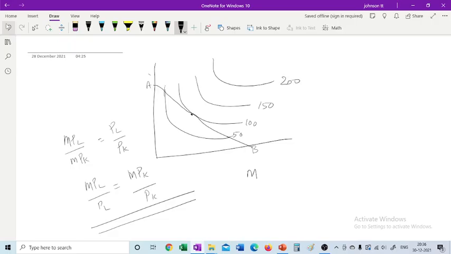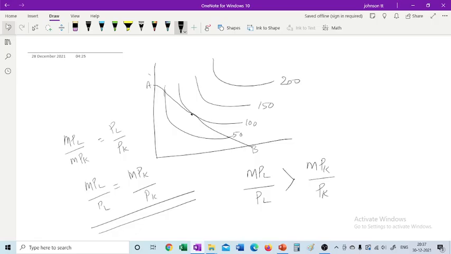Just imagine a situation. Suppose MPL by PL is greater than MPK by PK. So that means the producer is not in equilibrium. So how will you bring this producer back to the equilibrium position?